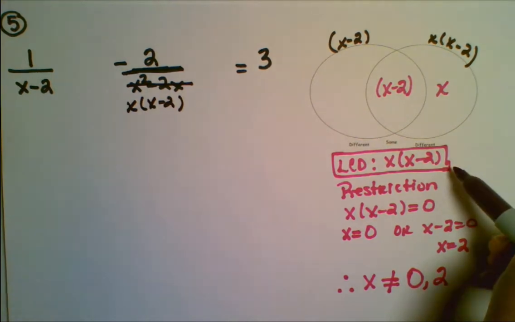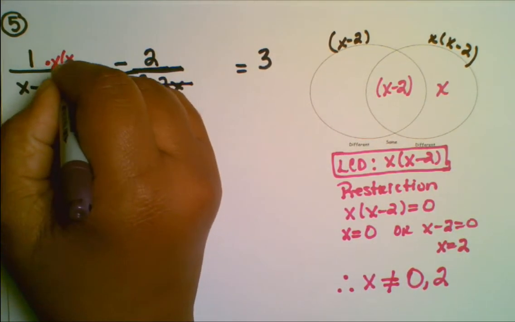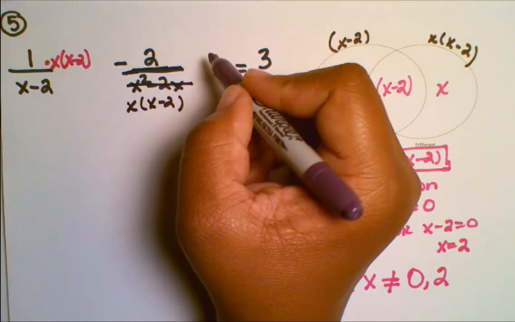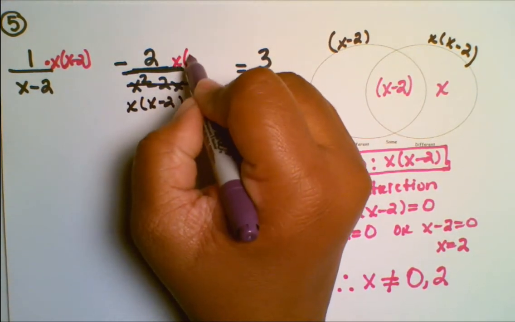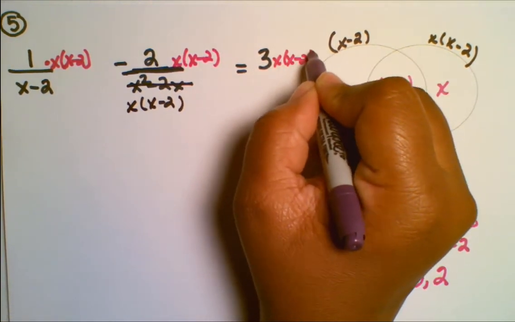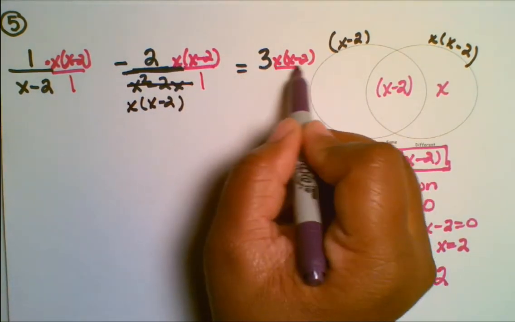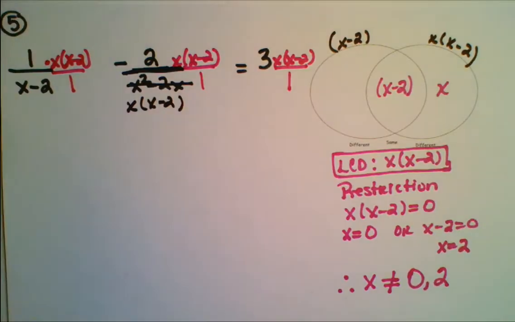So now let's take the LCD and multiply it to every term on both sides of the equation. Okay, and then let's reduce.